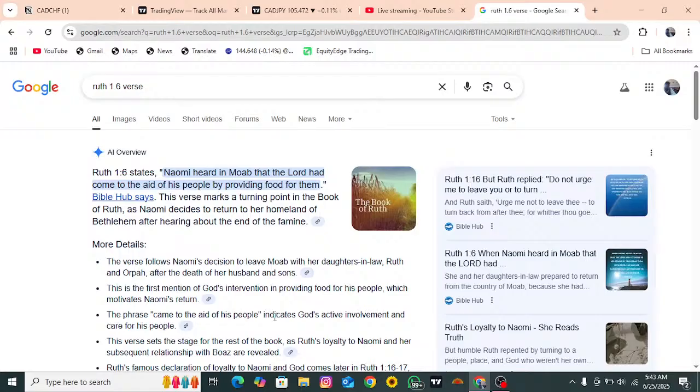Then we come to what I'm terming the turning point. In this reflection, even after death, heartbreak, and silence, Naomi clearly had something.